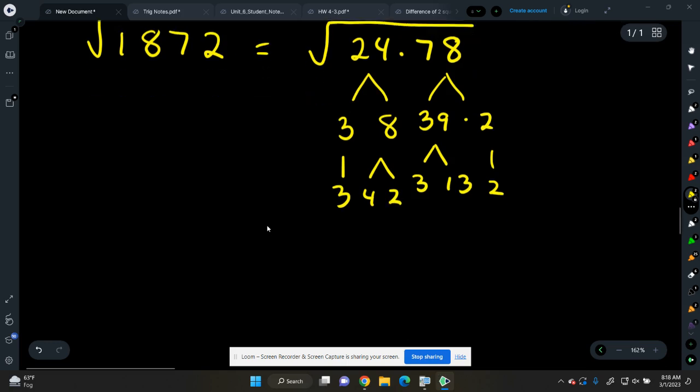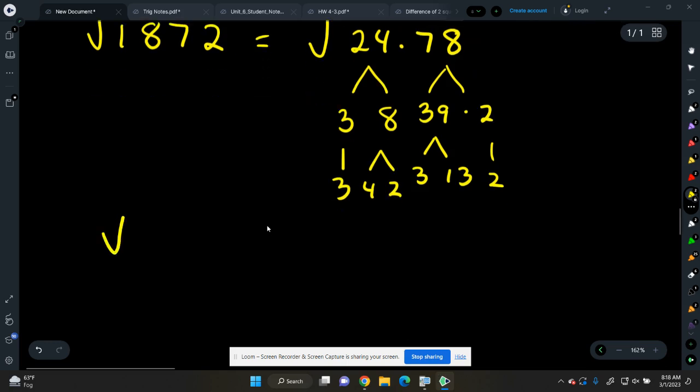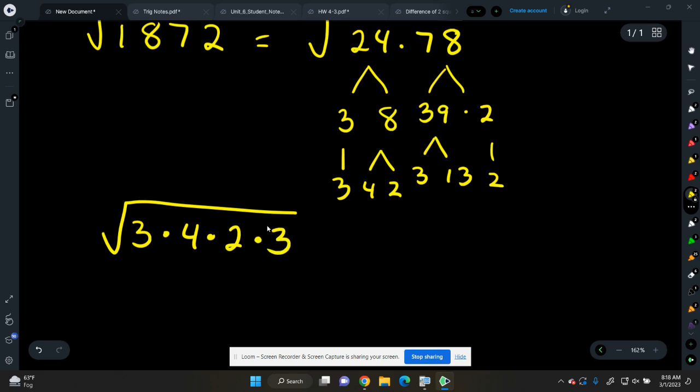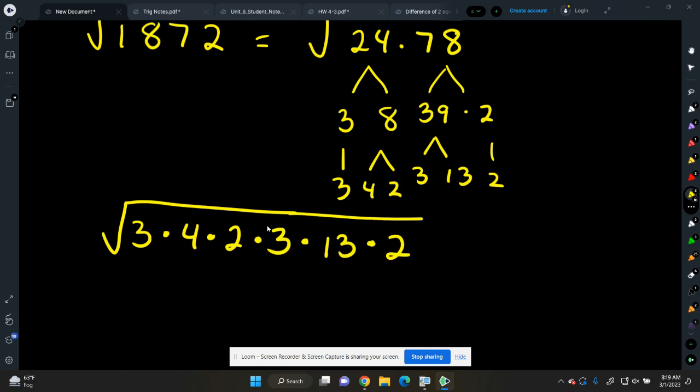So let's rewrite what we have. We have the square root of 3 times 4 times 2 times 3 times 13 times 2. Can you break the 4 down? Okay, we will. Yep. Okay, look at pairs.